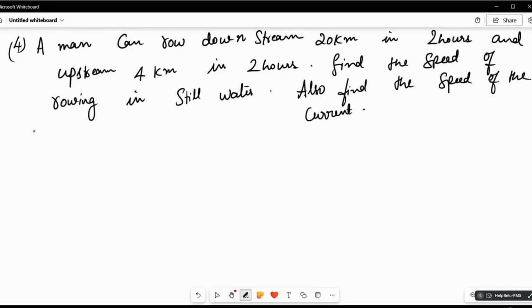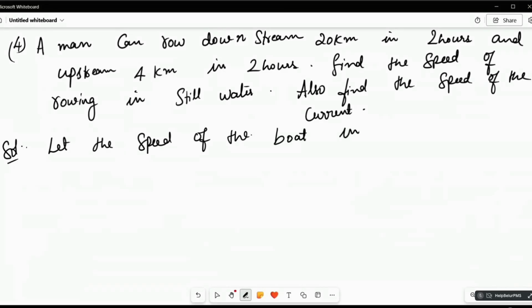Okay. Let the speed of the boat in still water be x.